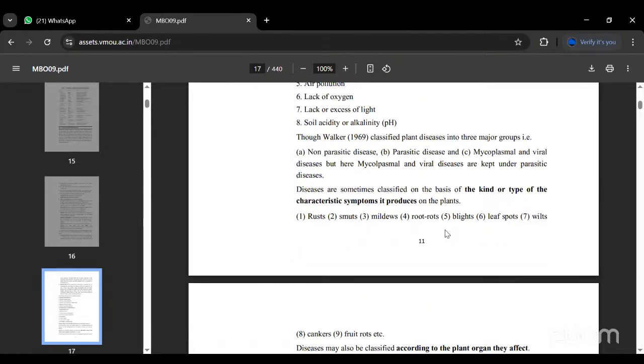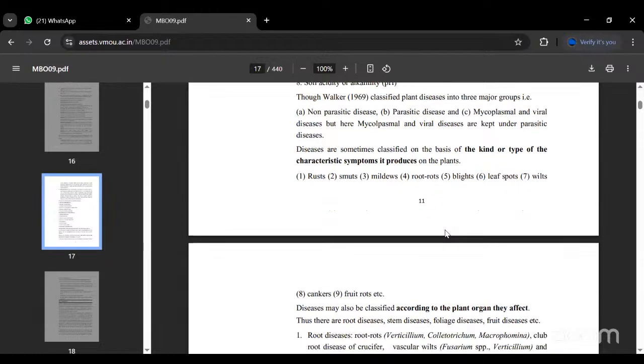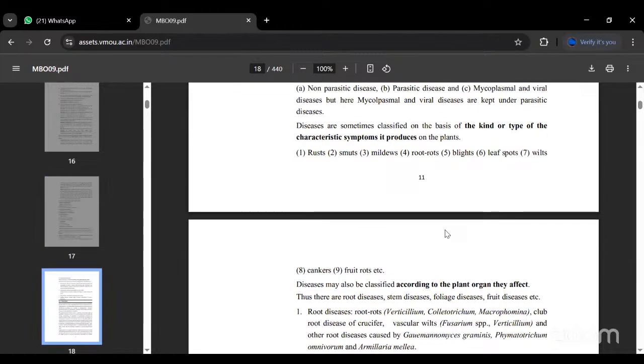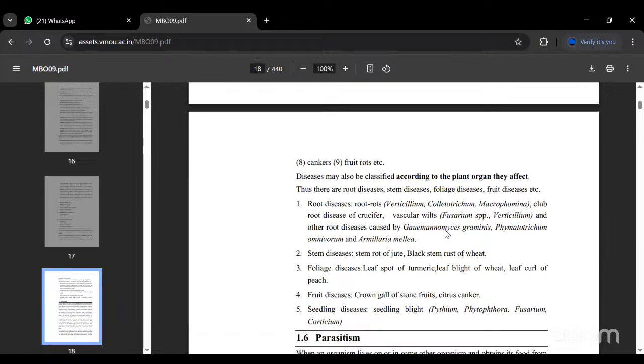Diseases are sometimes classified on the basis of the kind or type of characteristic symptoms produced on the plant: rust, smut, mildew, root rot diseases, blight diseases, leaf spot and wilt, cankers, fruit rot, etc.